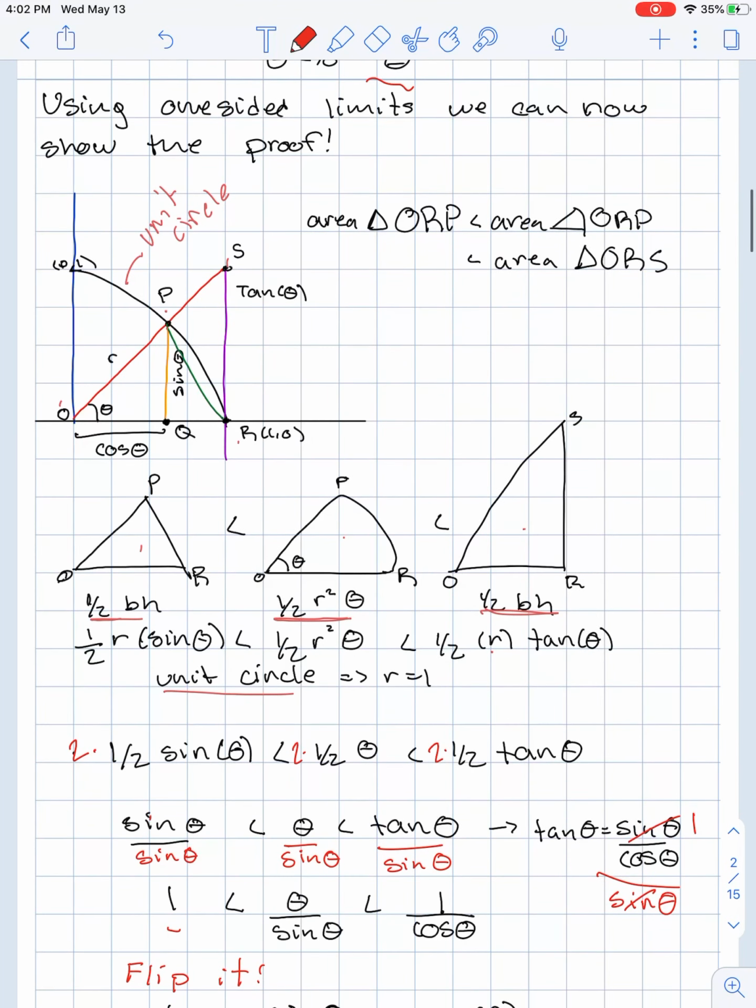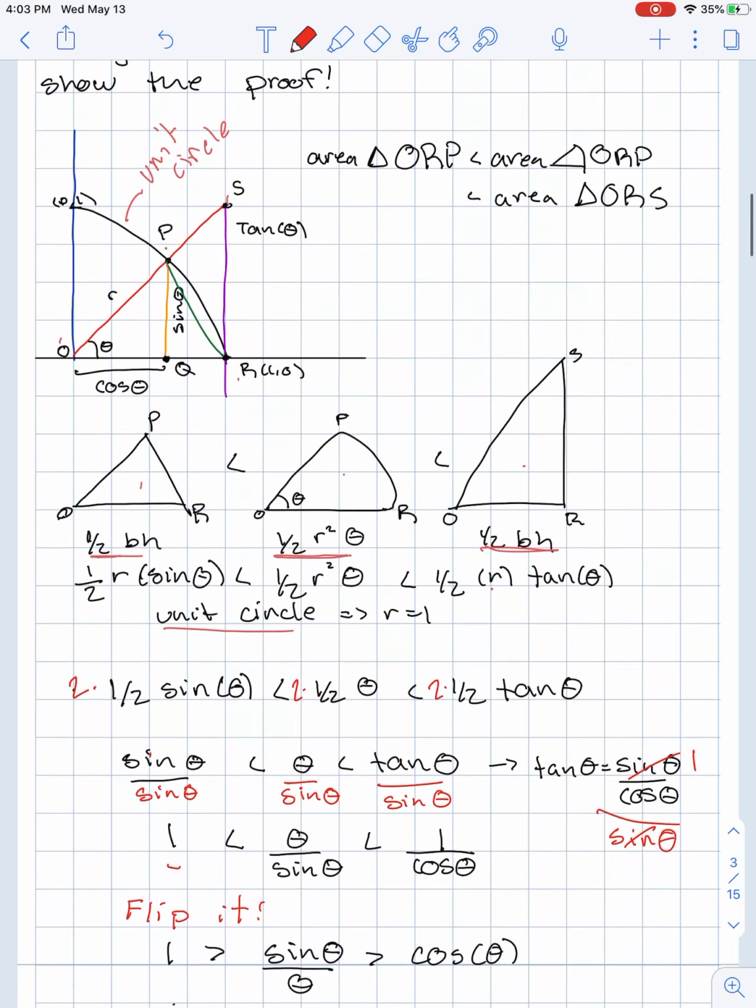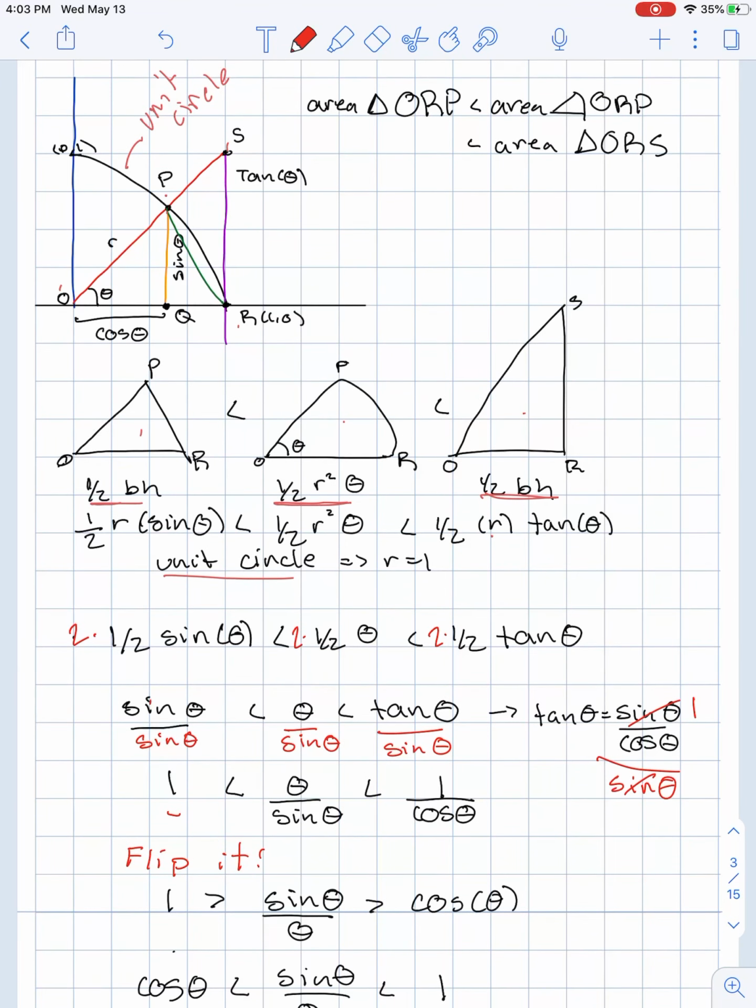So now I'm going to flip it. When I flip it, I also need to flip my inequalities. Right? If 2 is less than 4, and I flip it, 1/2 is greater than 1/4. So when I flip my fractions upside down, I also need to flip my inequalities.